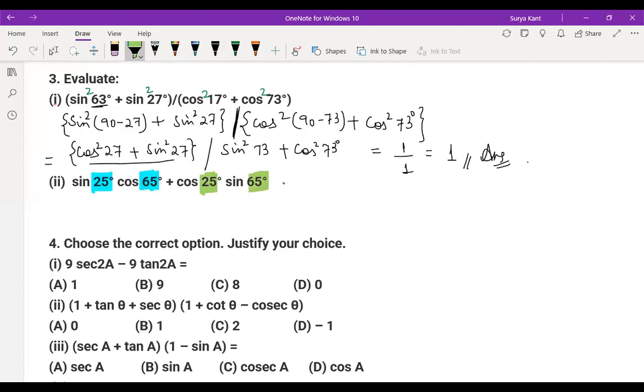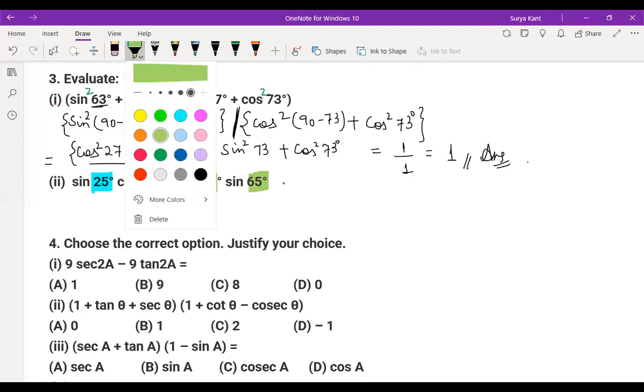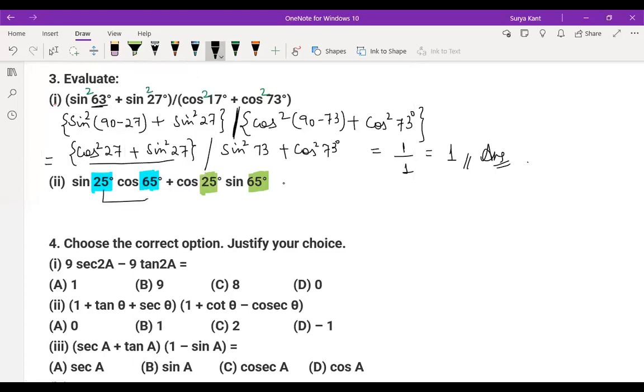Okay. So this blue part and green part, whatever you're going to see, either you change any one of these two. The first part only I'm going to change here. I'm changing here sine theta, that is sine 90 minus 65 I can write. Then I'll write here cos 65 as it is plus cos 90 minus 65 and sine 65.